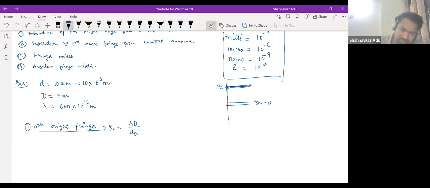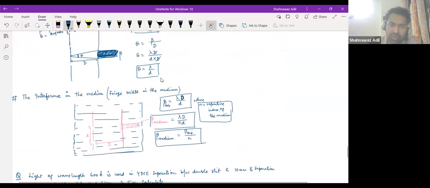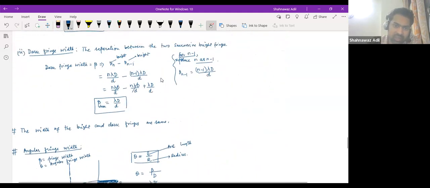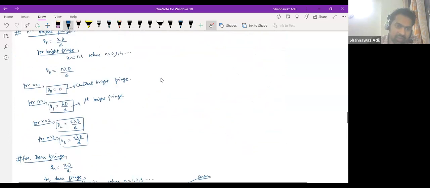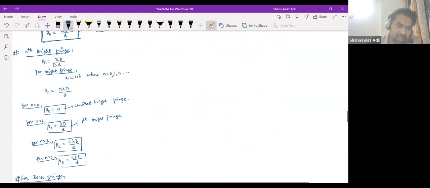You have those notes. Bright was a constructive interference, right? So that was n lambda D by d. So if you go back, for the nth bright fringe, we had this relation.